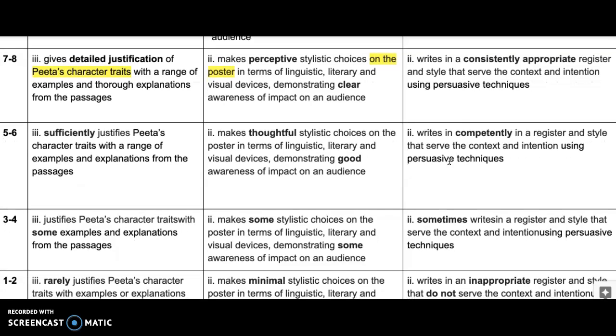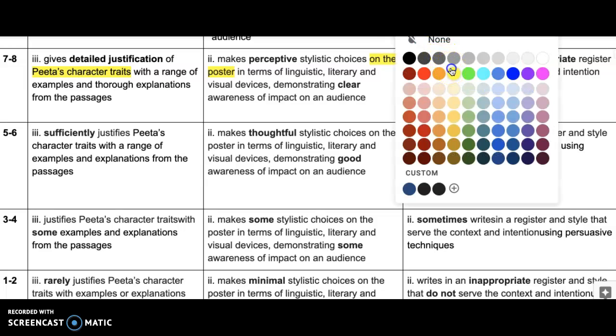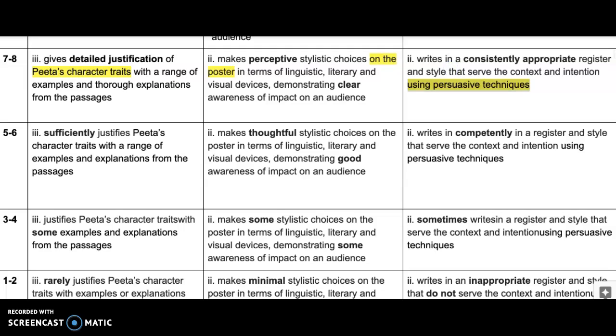The specific strand down here says write in a consistently appropriate register and style that serves the context and intention, and go and highlight this, using persuasive techniques, because this is the part of the sentence where you are using persuasion. That is the point of this: you're trying to persuade people to sponsor PETA. So did you use those persuasive techniques that we practiced in the lessons and mastery checks?